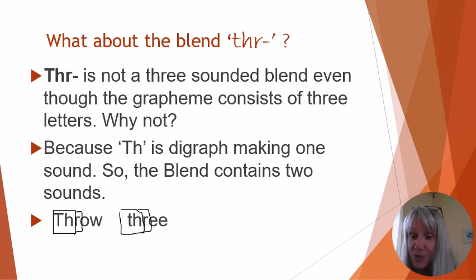TH deserves one box and the R deserves another. So throw contains a digraph as a consonant wall. So it's only two walls, two phonemes, if I'm using a grapheme as one of my consonant walls at the beginning of my one-syllable word.